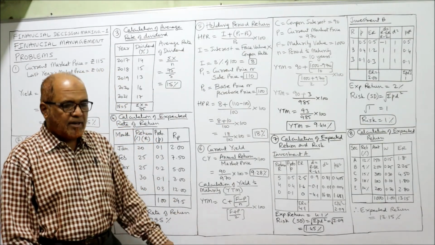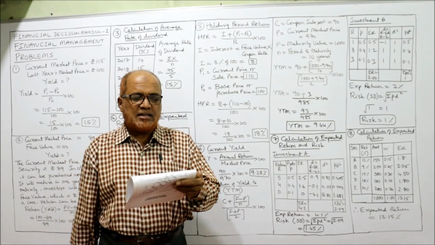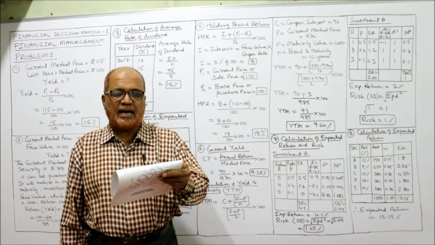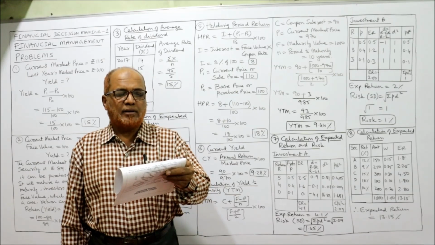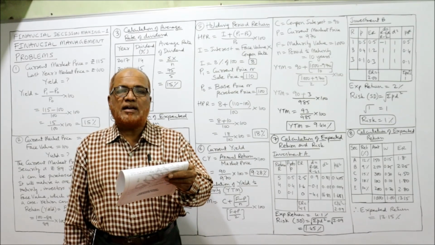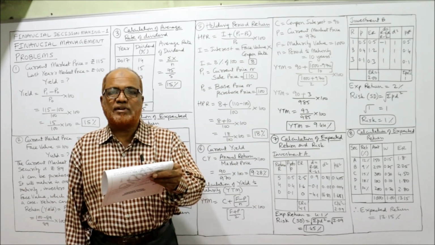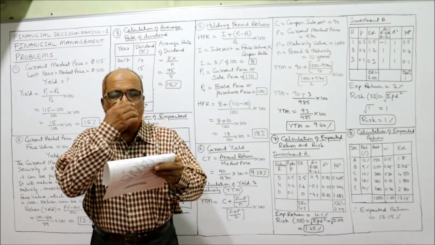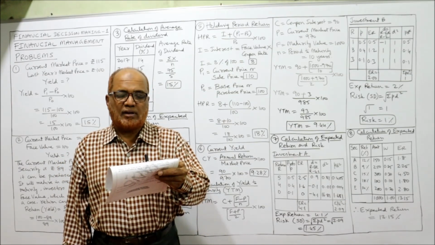That's it. Next, seventh problem. The estimated returns of two investments A and B are given below. So two investments are there, A and B. Calculate expected return and risk for each of the investments. Returns on investment A: 5, 4, 0.